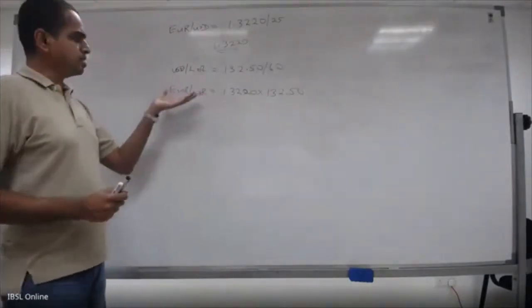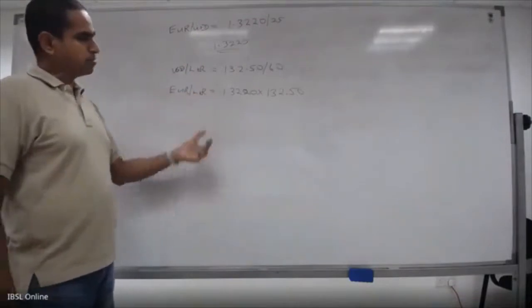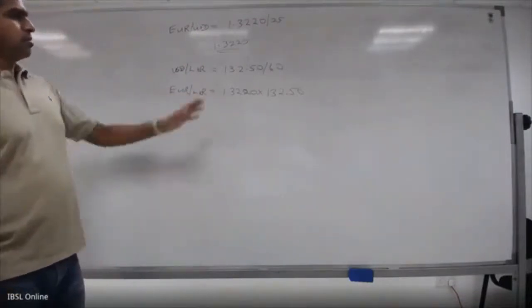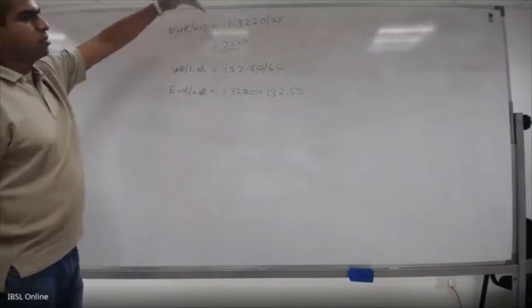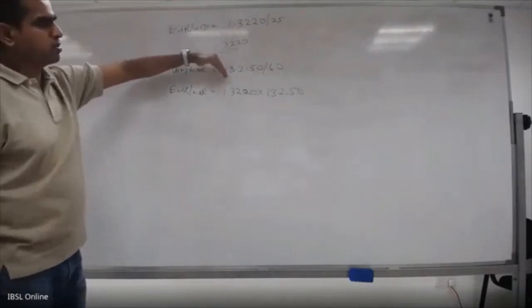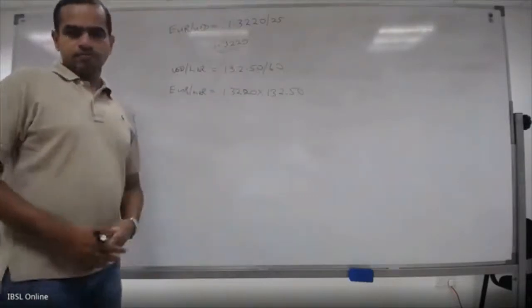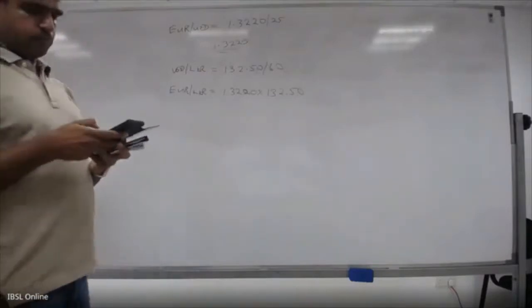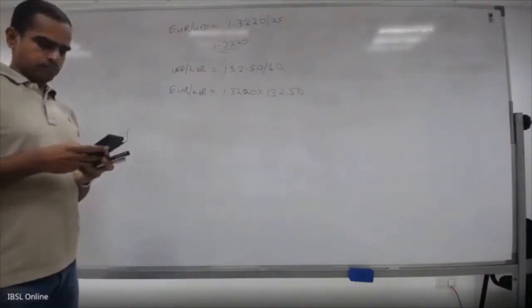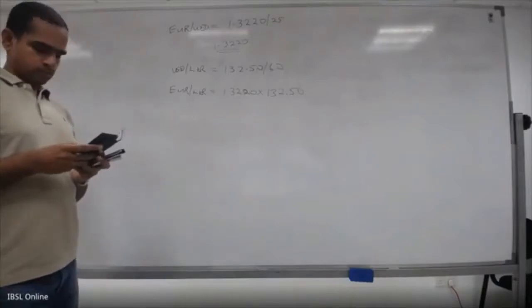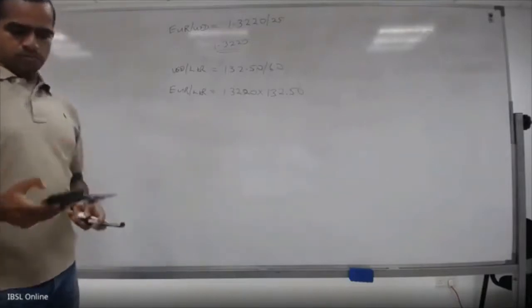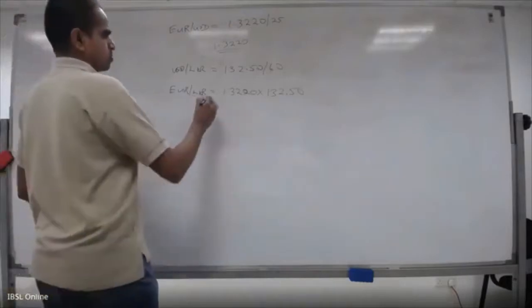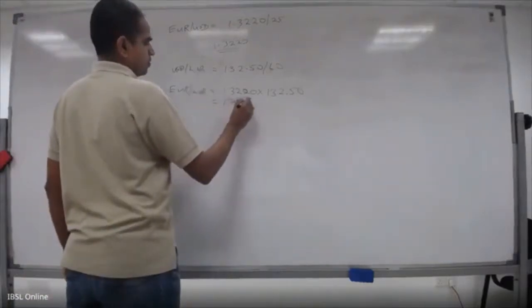Euro is the base currency. He will sell the base currency at the bid. Right. So bid will be the lower side, 132.20 into 132.50.